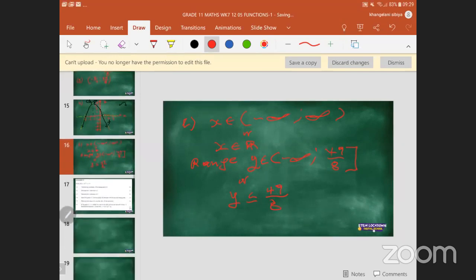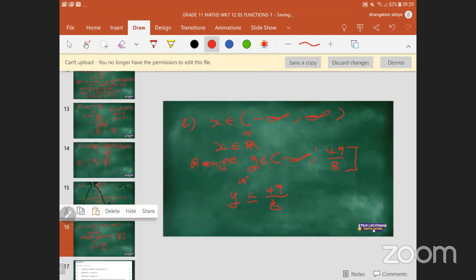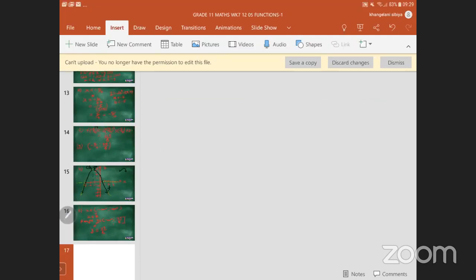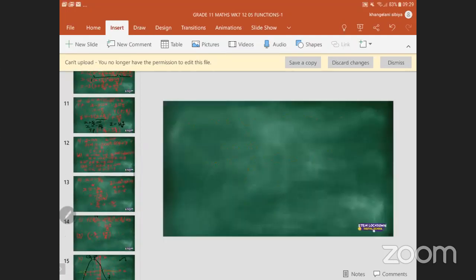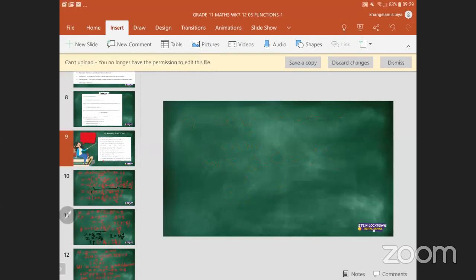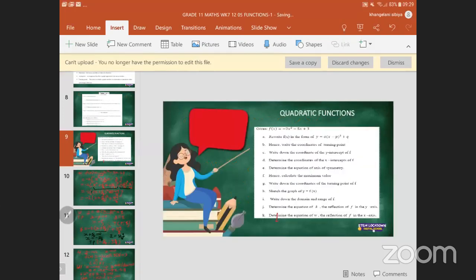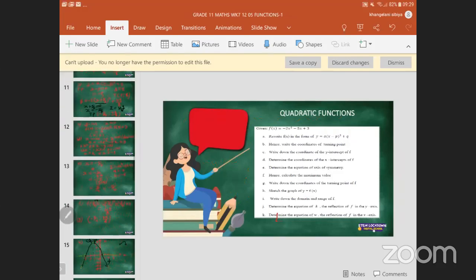Then the very last question, last two questions. What are they saying here? They're saying determine the equation of K for the reflection of F in the y-axis and in the x-axis.